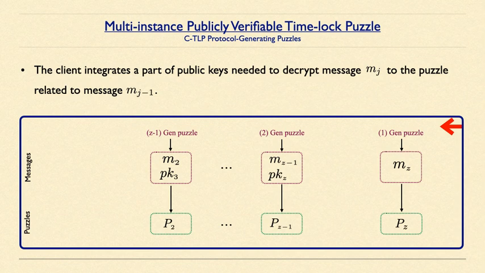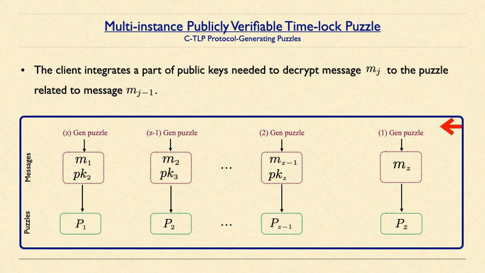It processes M1 to generate a puzzle P1. However, it embeds the public key PK2 for message M2 into puzzle P1. During the process, it also computes a public key PK1 for puzzle P1.